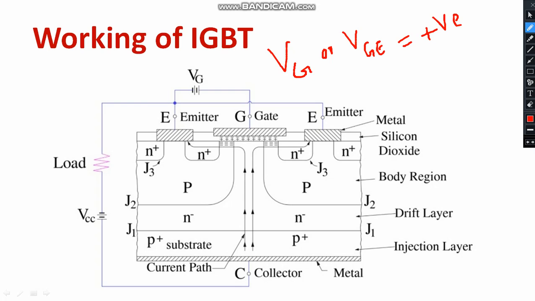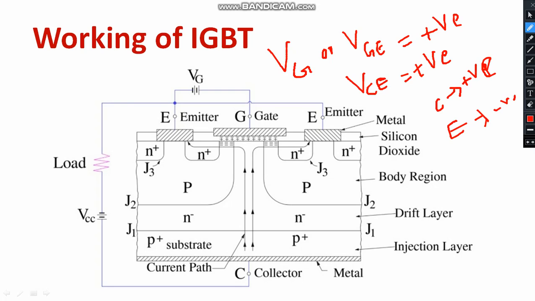The second condition is that the collector to emitter voltage, VCE, should also be positive. That means the collector should be positive with respect to the emitter. The collector terminal should be positive with respect to the emitter, so therefore the emitter must be negative.